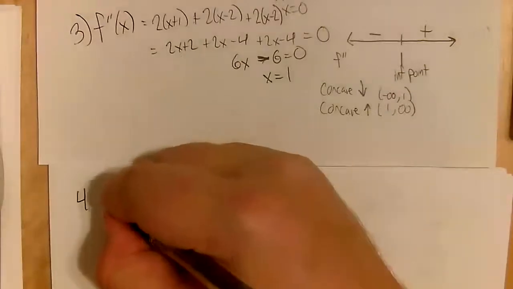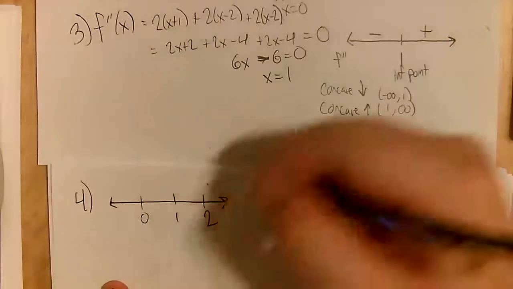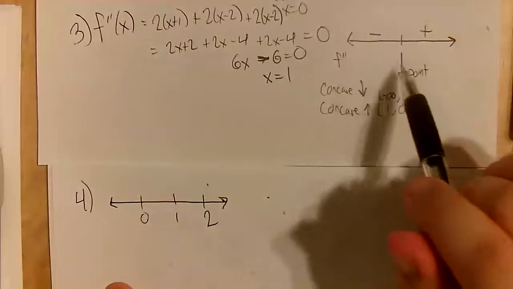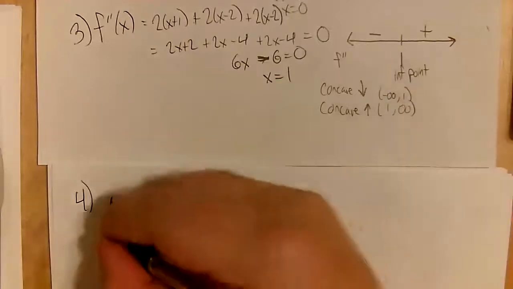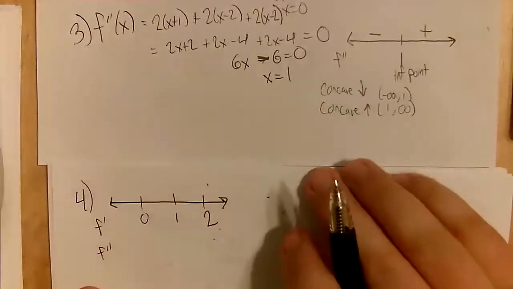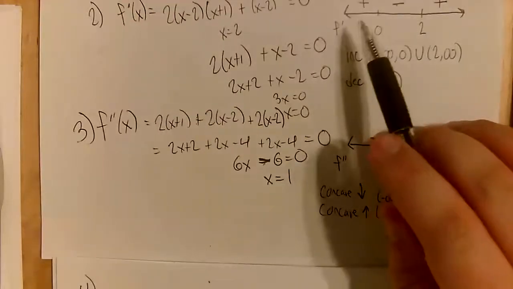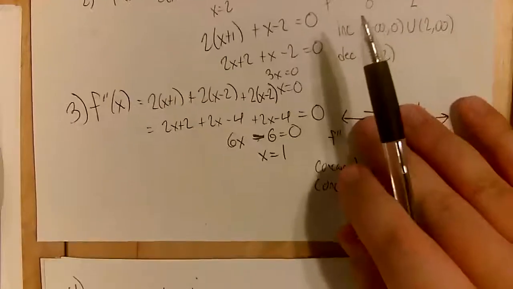So here we go. Here's our number line. And we're going to put all of the numbers that we've gotten so far. So we've had 0 and 2 on the first derivative number line and 1 on the second. So we're going to put all of that here. And then what we're going to do is sort of smash together the 2 number lines that we've gotten so far. So if we return here, it goes plus, minus, plus between 0 and 2.